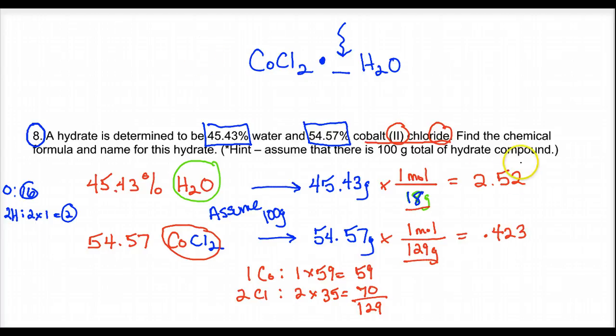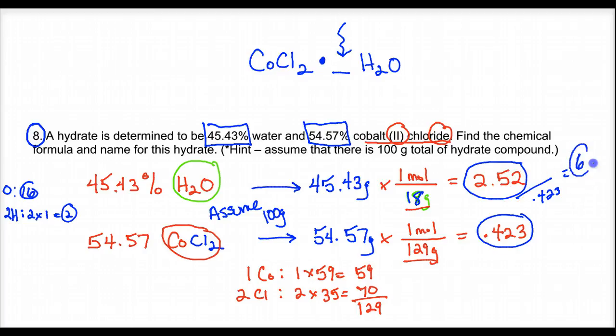Now, of course, these numbers do not go into the formula. We need whole number ratios, so we divide by the smallest number. The smallest number is 0.423, and 2.52 divided by 0.423 gives me 5.95. 5.95 you can round to 6, and 0.423 divided by 0.423 is, of course, 1, because it divides by itself.